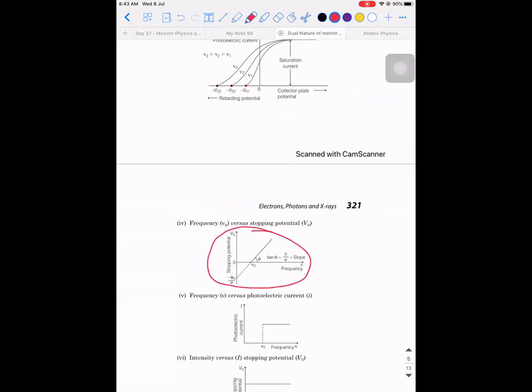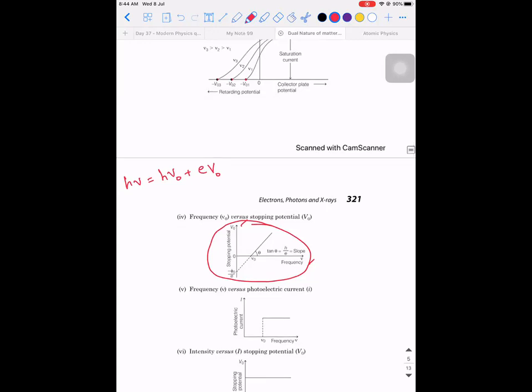So how did you get this graph? There is a graph between V0 and frequency. How are they both related? h nu is equal to h nu naught plus, instead of kinetic energy, can you write it as eV naught? Yes or no?